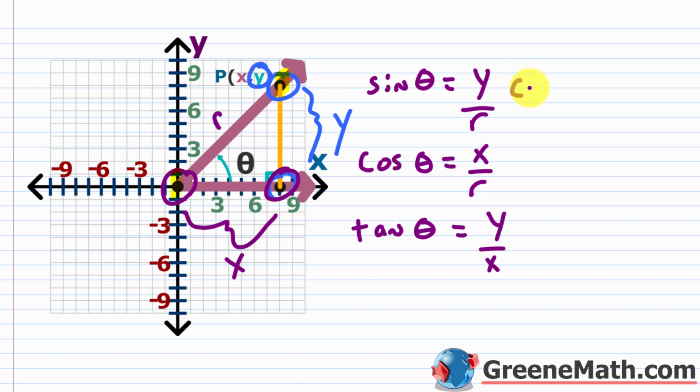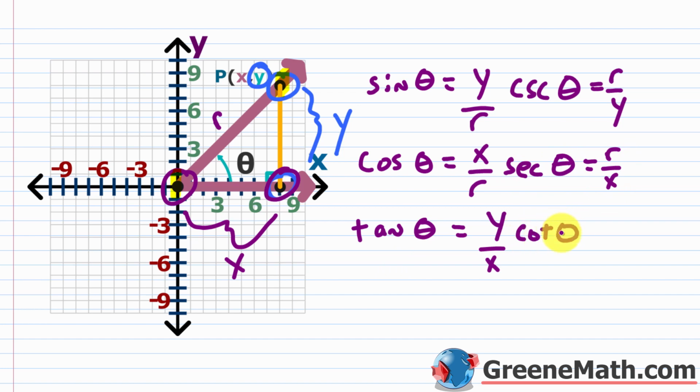So the cosecant of theta is going to be the reciprocal of this, which is r over y. And keep in mind, if your denominator ends up being 0, it's undefined. So y can't be 0 there. Then here you would have the secant of theta, and this would be r over x. And then lastly, you'd have your cotangent of theta, which is going to be x over y.